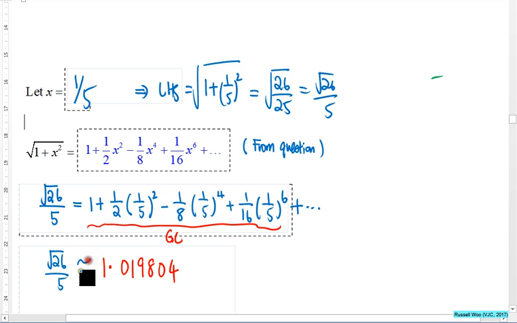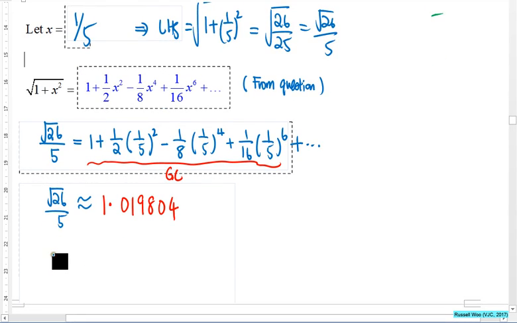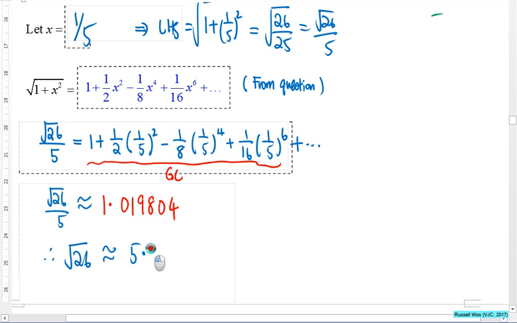And this is approximately equal to. So therefore, for square root 26, I multiply both sides by 5, I get an estimate for square root 26. Therefore, square root 26 is approximately equal to 5.09902.